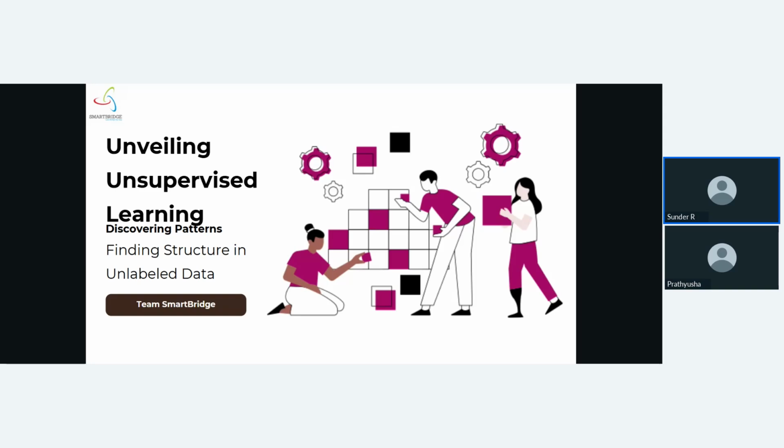It is similar to the example where, rather than the teacher providing you the question followed by the answer, in unsupervised learning you will be learning the whole thing, meaning you will be understanding the pattern, what type of questions you are going to get. Based on what you have learned, you will be able to answer. Is it clear?